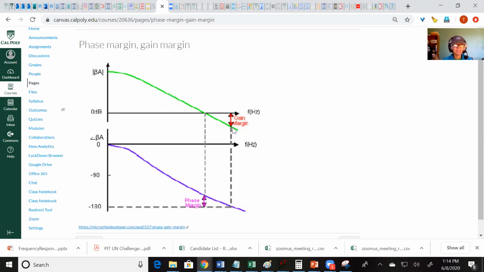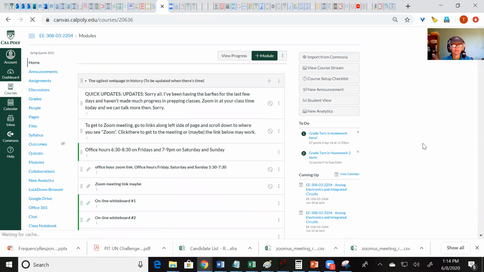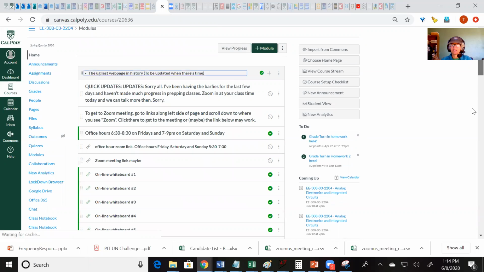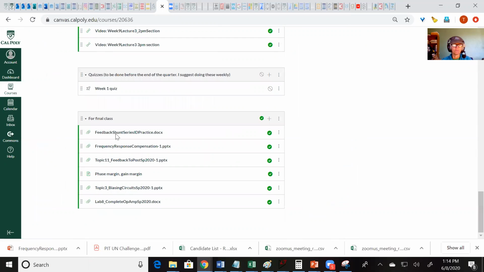Okay, I don't see any questions on that. I put this on down here for the final class. If you look at phase margin and gain margin, that's the page that I just showed you.